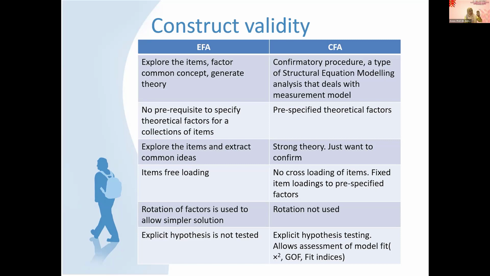The item is already under that construct, knowledge under knowledge, attitude under attitude. And for CFA, there's no rotation; that's just for EFA. Of course for CFA there are some fitness indices that you need to fulfill. So CFA is a very lengthy analysis, but EFA is a very simple analysis.